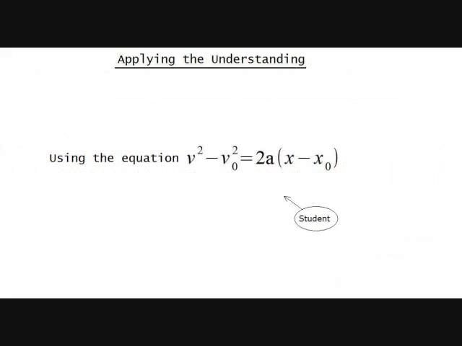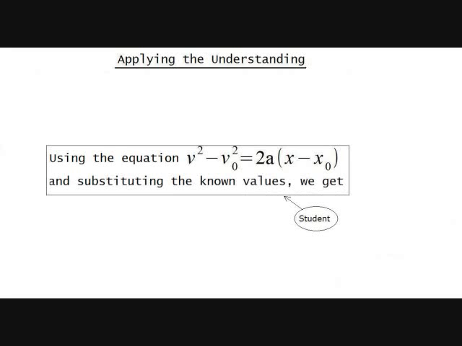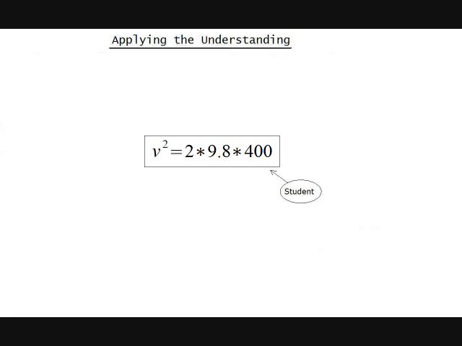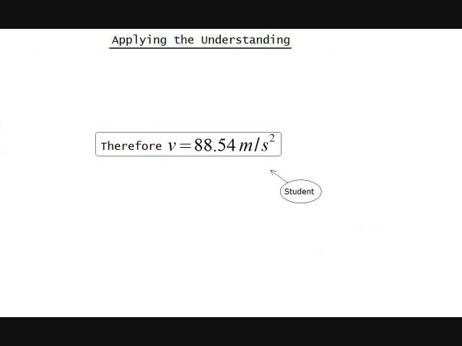Using the equation, v square minus v naught square is equal to 2 into a into x minus x naught, and substituting the known values, we get v square is equal to 2 into 9.8 into 400. Therefore v is equal to 88.54 meters per second.